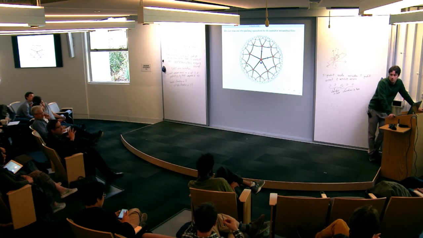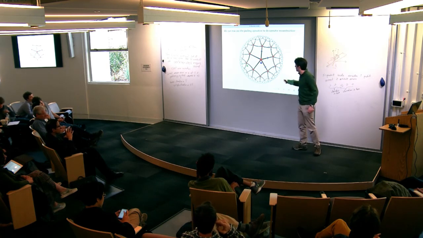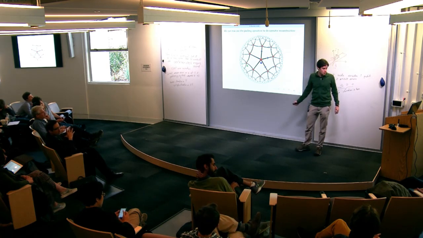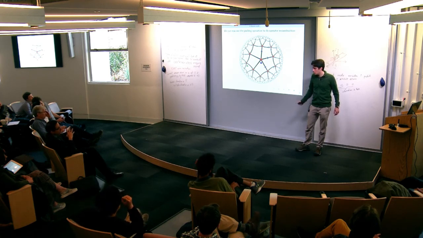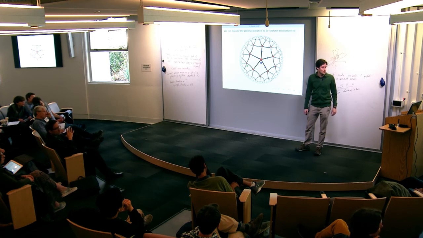Oh, you mean the perfect? Yeah, right. So that was the comment that I made, that this pushing really only requires the tensors to be invertible, not to be perfect. But the thing which requires them to be perfect is if you want the entire tensor network to be an isometry from the ingoing bulk legs to the outgoing boundary legs. Why is that?